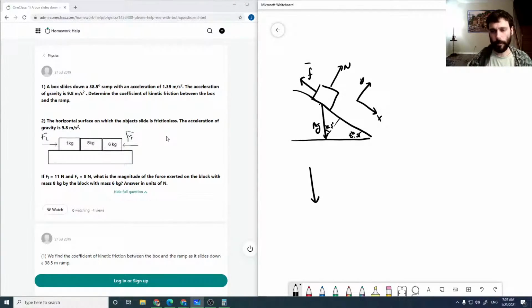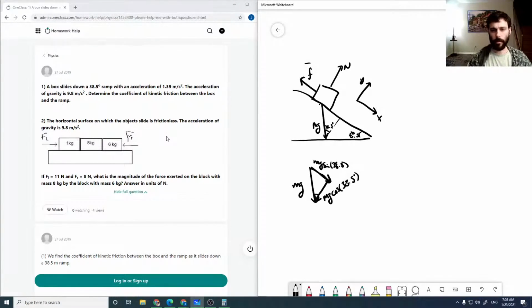So our mg force here can be decomposed into mg cos 38.5 and mg sine 38.5. And to give them some direction here, there's going to be pointed down and pointed down.